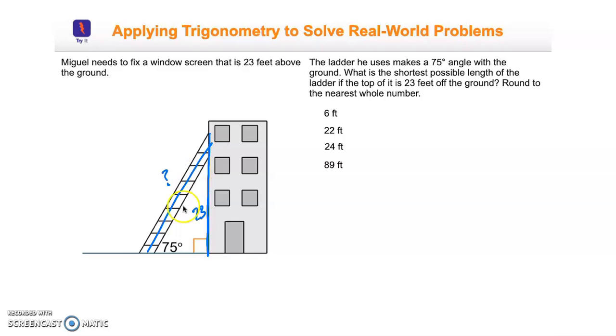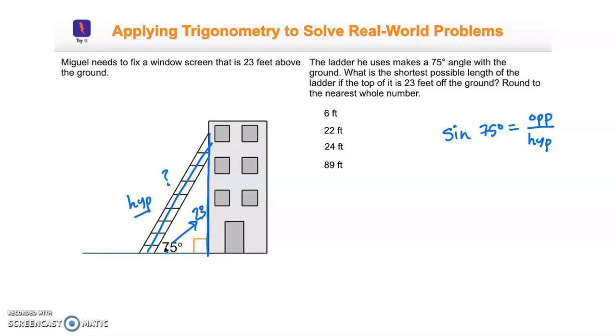Well, what side of the triangle does the ladder represent? That is the hypotenuse, right? We're given a 75-degree angle, and this side is opposite over the hypotenuse. So let's set up sine of 75 degrees is equal to the opposite side over the hypotenuse.